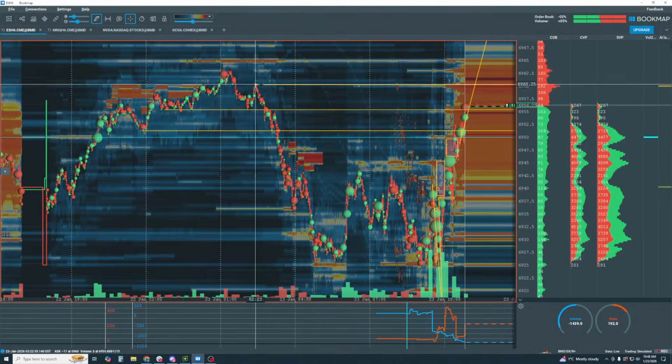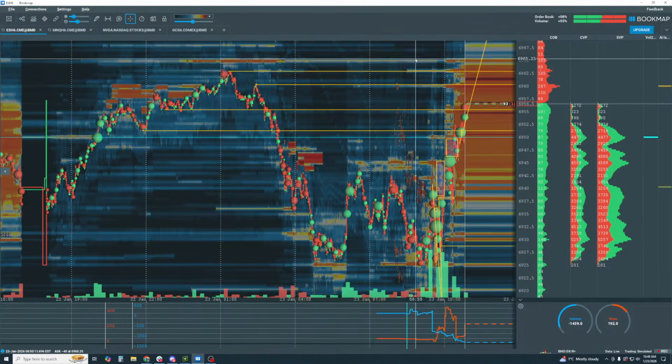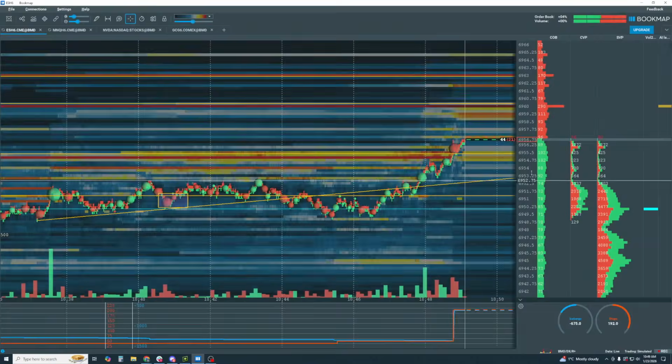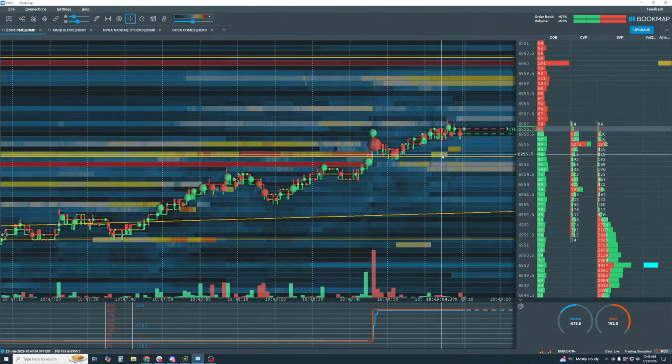Not bad. Between 60 and 62 and a half or so. There's our stop run. There we go.